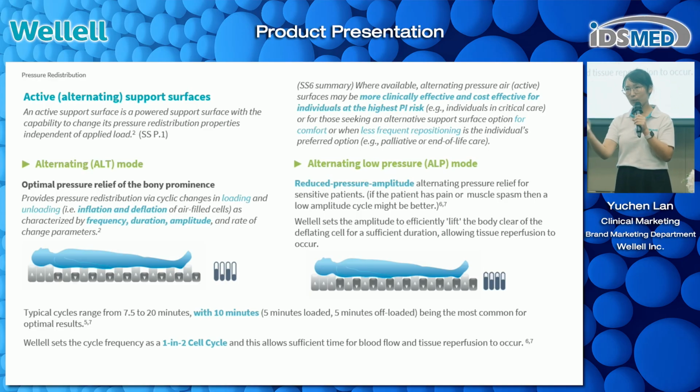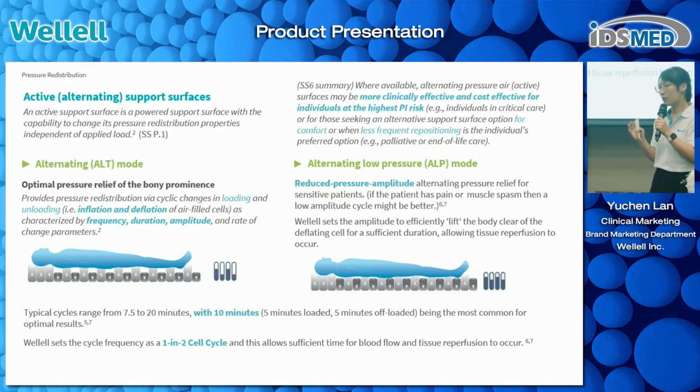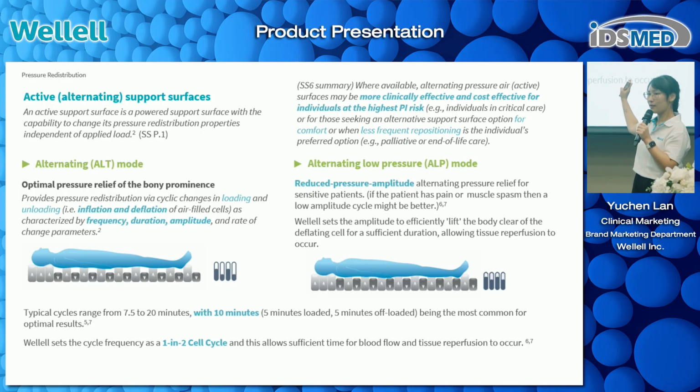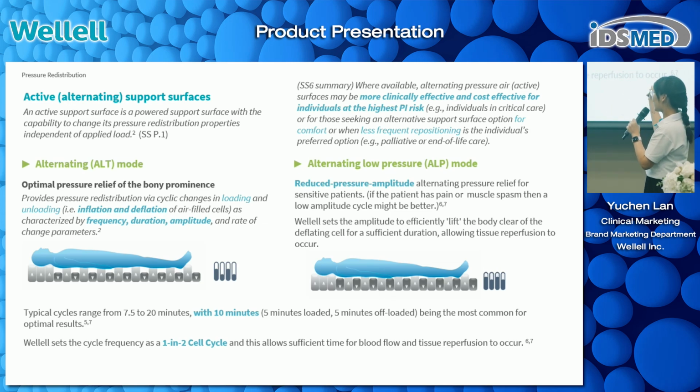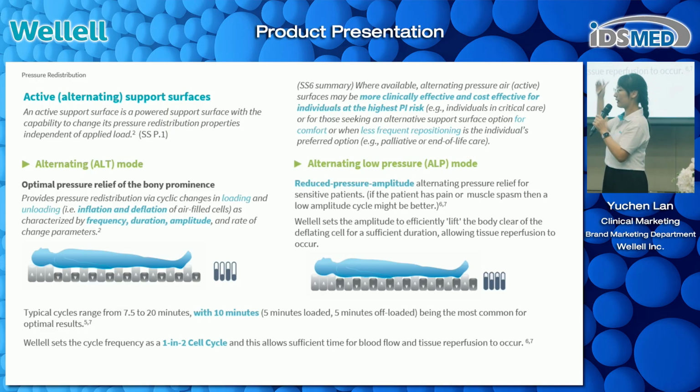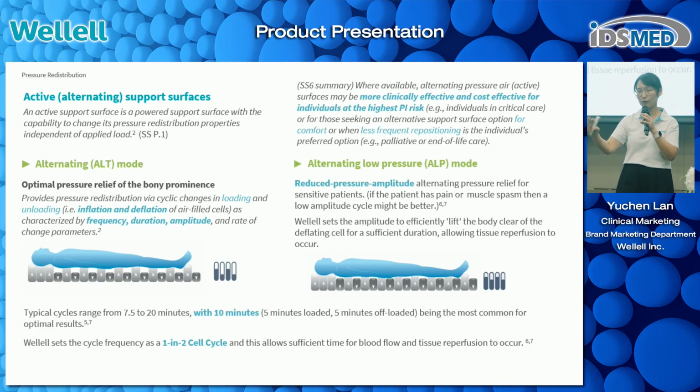And what's more than the alternating? We also have some functions designed for the patient's comfort. It is also called alternating, but we could set a lower difference in the amplitude of the pressure when inflating and deflating. Why do we have this design? Because the difference is less, the patient might feel more stable when lying on the mattress.